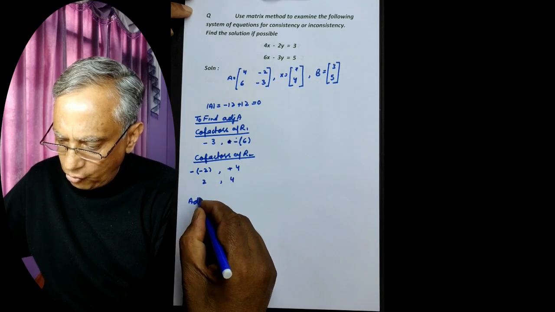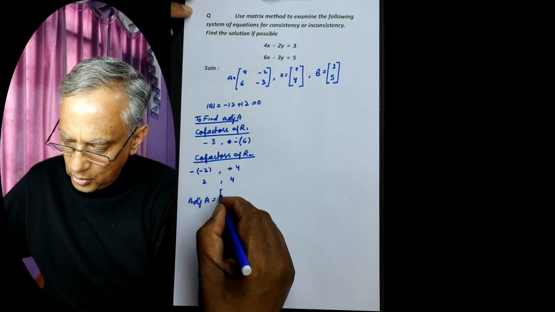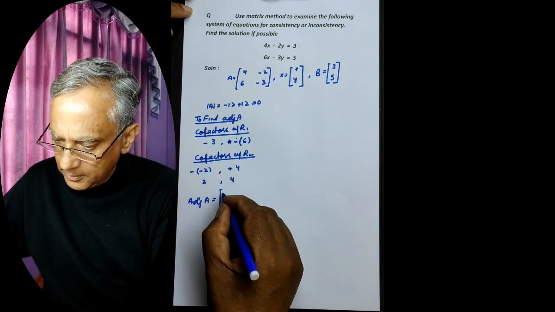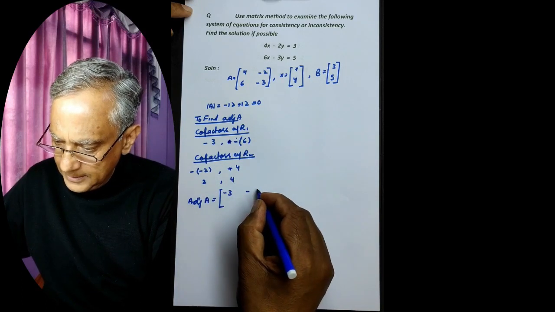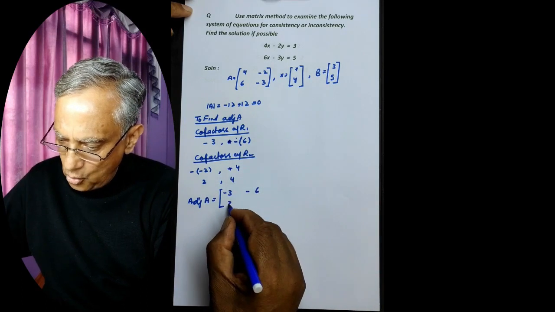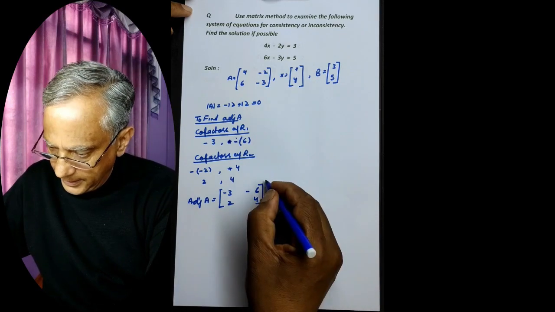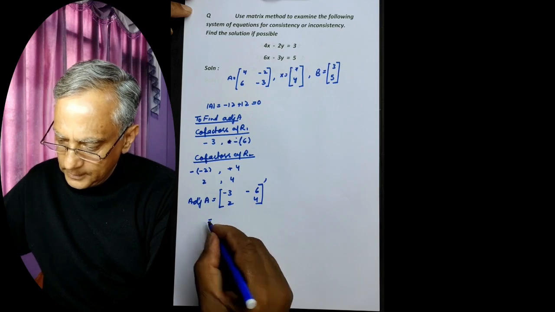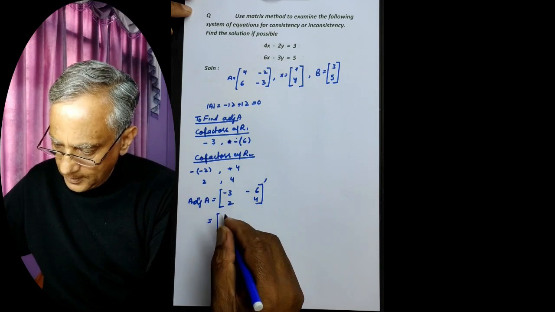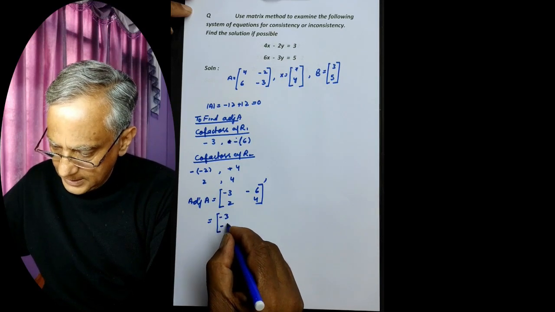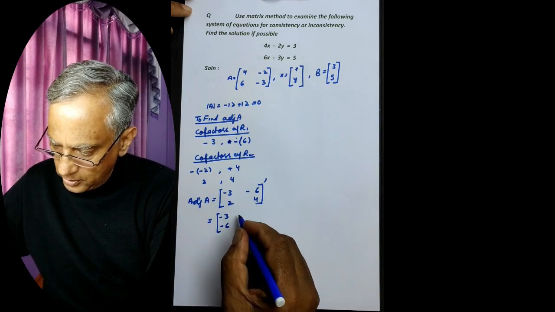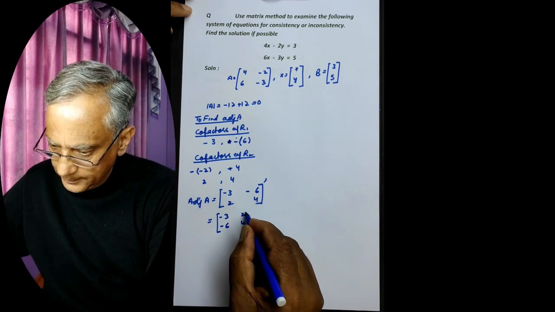Therefore, adjoint of A is equal to, replace each entry by its cofactor, minus 3, minus 6, 2, 4. And take the transpose. This is equal to minus 3, minus 6 and 2, 4.